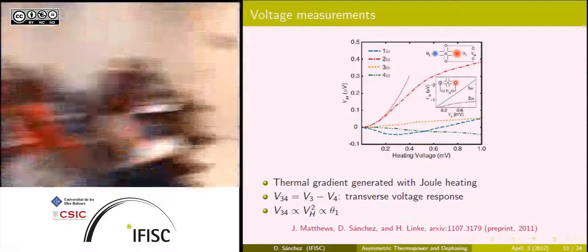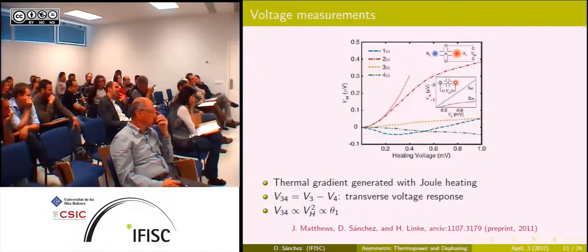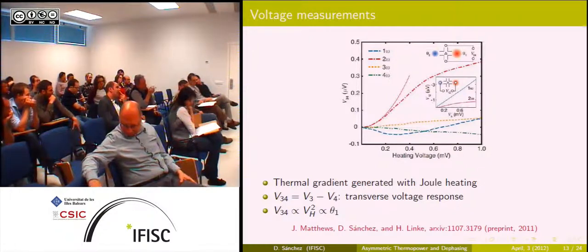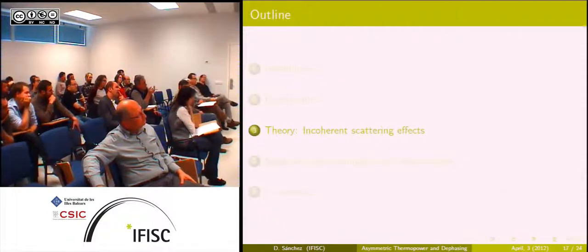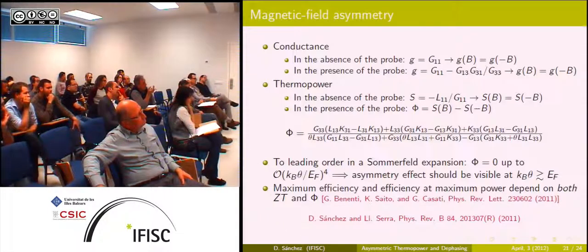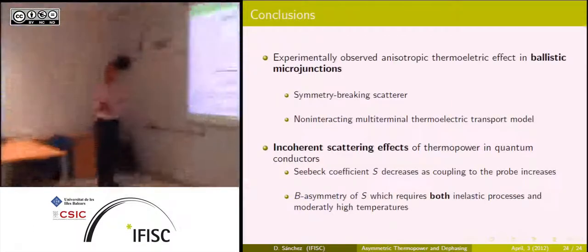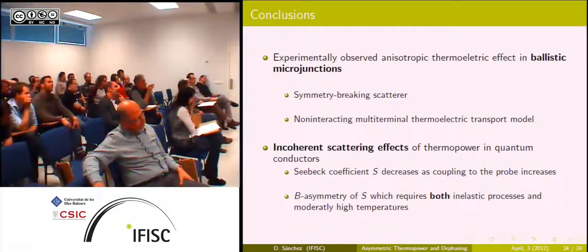Another question: I get the feeling from you that the asymmetry grows with larger temperature. Is it true? Not exactly. Here, for instance, in the numerical results we obtain a peak at intermediate temperatures. For high temperatures it decreases very slowly, but it decreases. In your conclusion it was something like T larger than... Okay, moderately high temperature.